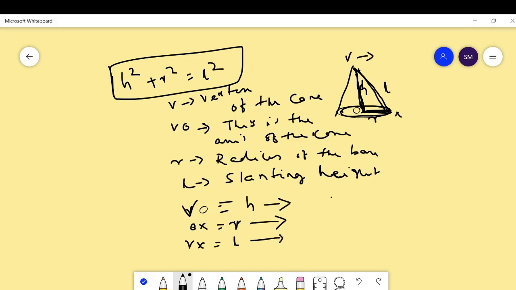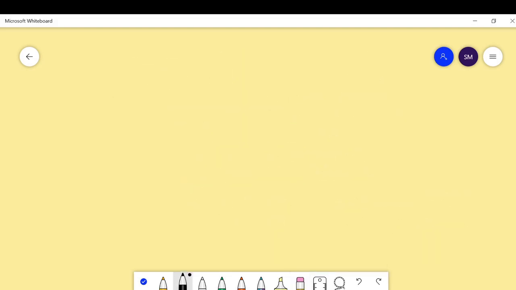Then VOX is a right triangle in which, according to Pythagoras theorem, the relation is h square plus r square is equal to L square.